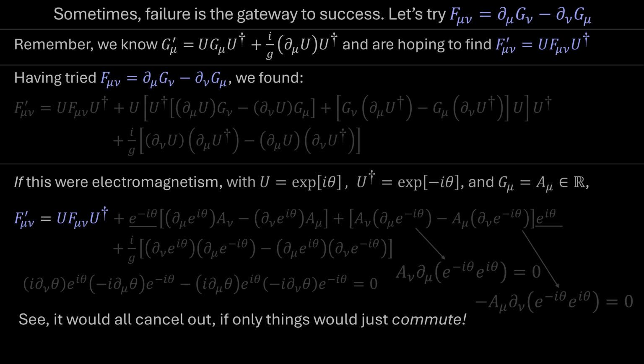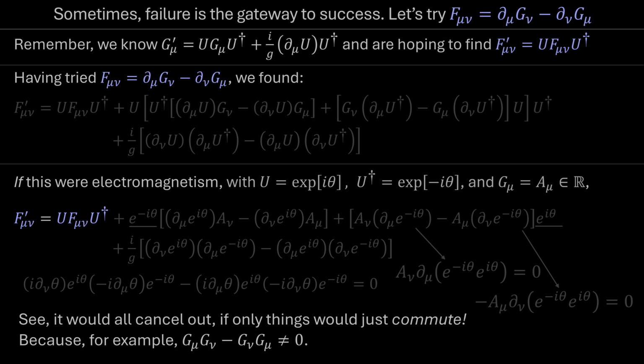But it's not the case when you're dealing with SU3, because things generally don't commute. U doesn't commute, G mu doesn't commute. For example, if you look at something as simple as G mu times G nu minus G nu times G mu, that doesn't even equal 0 in general. Wait a minute.